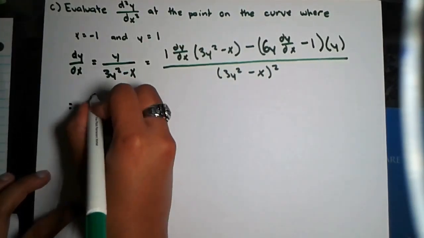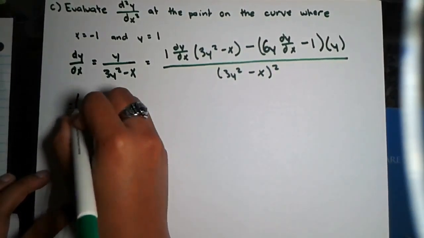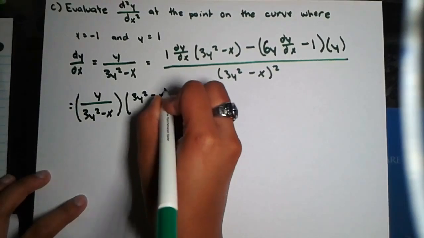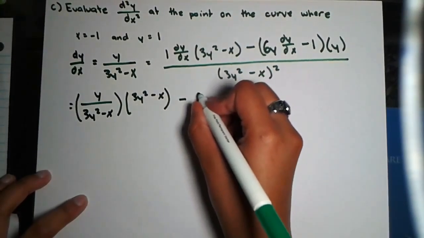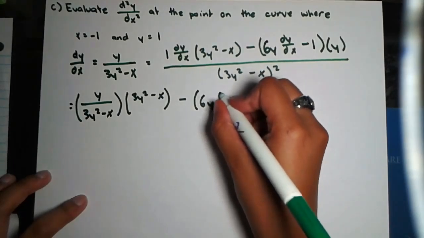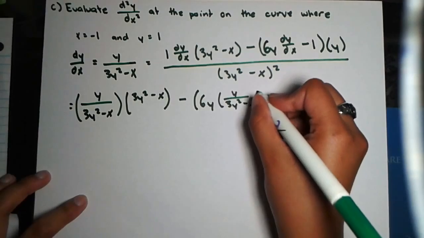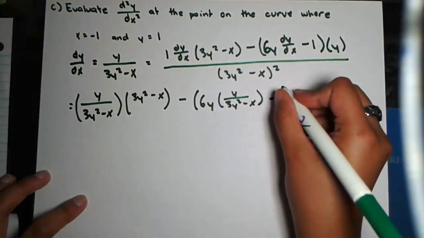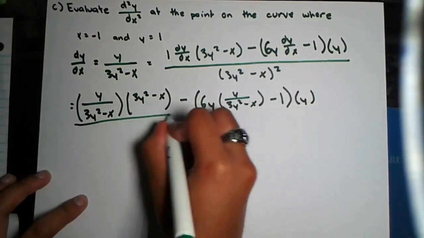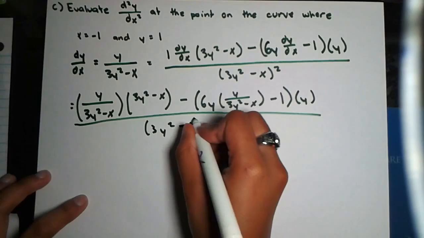So it would equal y over 3y squared minus x times 3y squared minus x, minus 6y times y over 3y squared minus x, minus 1 times y, all over 3y squared minus x squared.